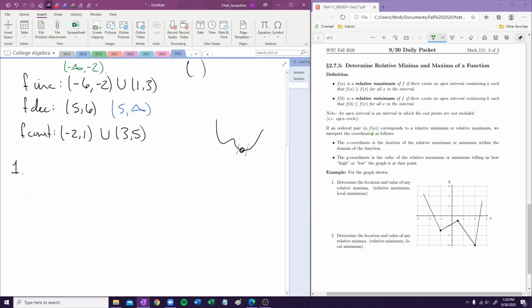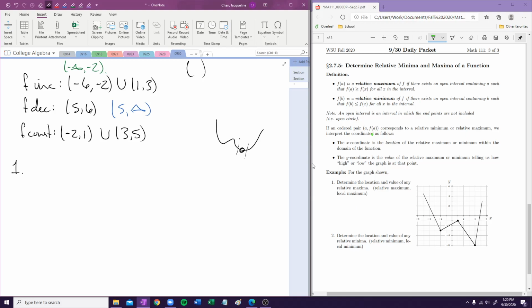Okay, so relative maxima, what is that saying? They are relative maximums. Another way is to think it's a local maximum.